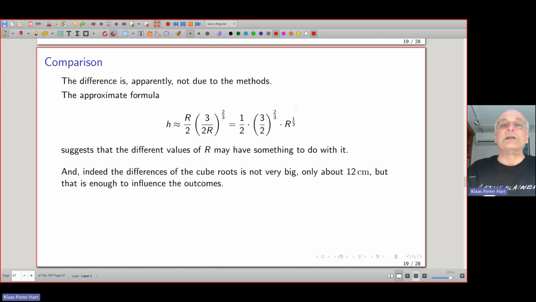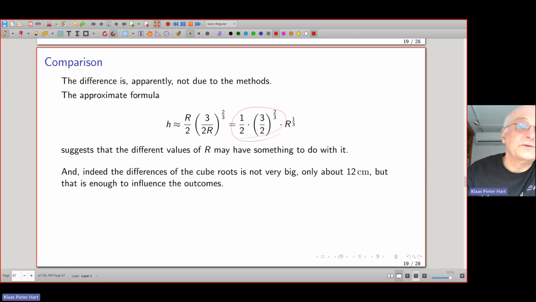That's quite amazing. You had a rather big difference, 12 kilometers in the radii, but when you take the cube roots, the difference suddenly becomes 12 centimeters. And if you multiply the 12 centimeters by the constant that we have over there, then you do get those 7 centimeters.